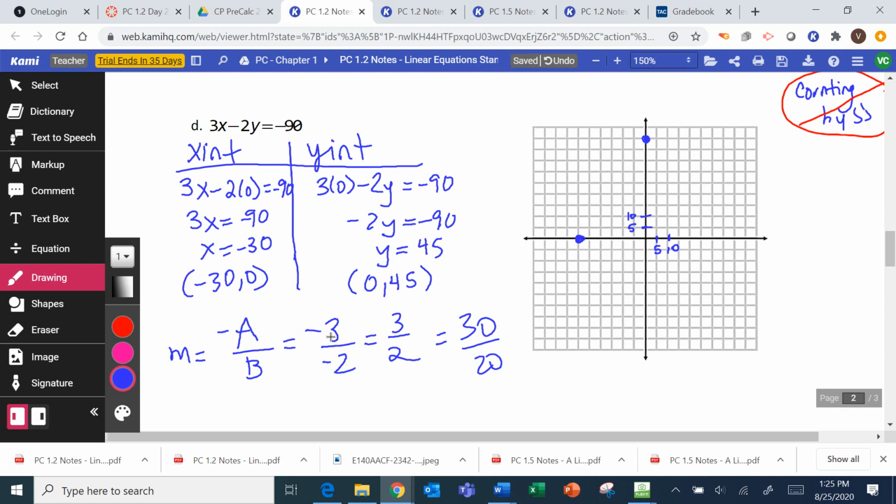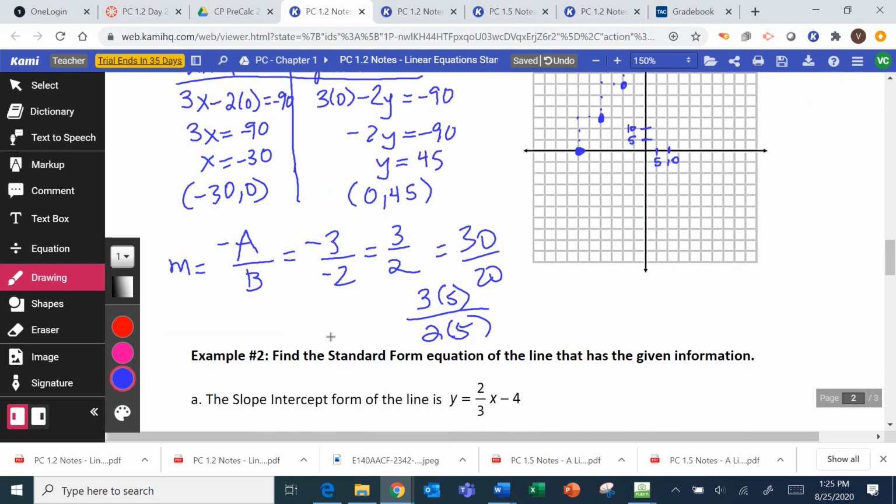How much each one? 5. So I could go up 3 5s over 2 5s. That is a ratio that allows me to just take my slope and just go. Because I'm counting by the same amount each time, it fits, it works. And that's why I suggest when you have lines making them the same, just because the slope will work then. Oops.